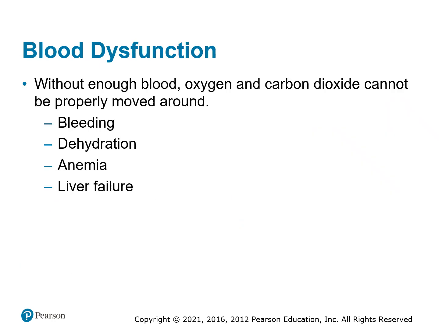The blood. So we could have problems with the blood itself. You could have a disease where maybe oxygen and carbon dioxide can't really be moved around enough. Well, let's first just talk about not enough blood. So, if you're bleeding and you don't have any red blood cells, you're not going to circulate oxygen. And there's nothing that we have found to replace red blood cells yet.